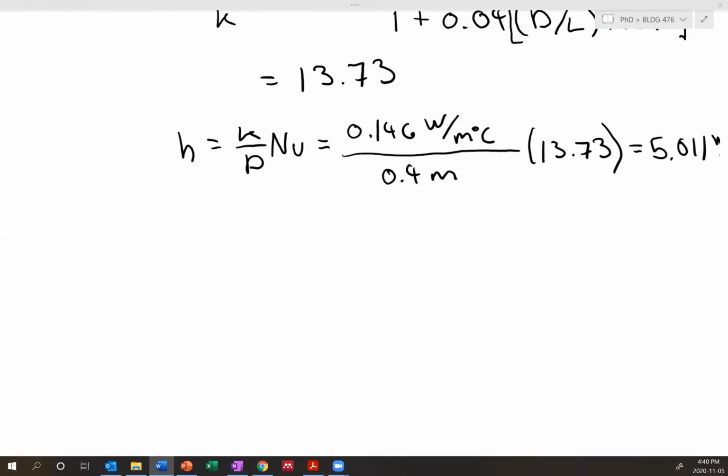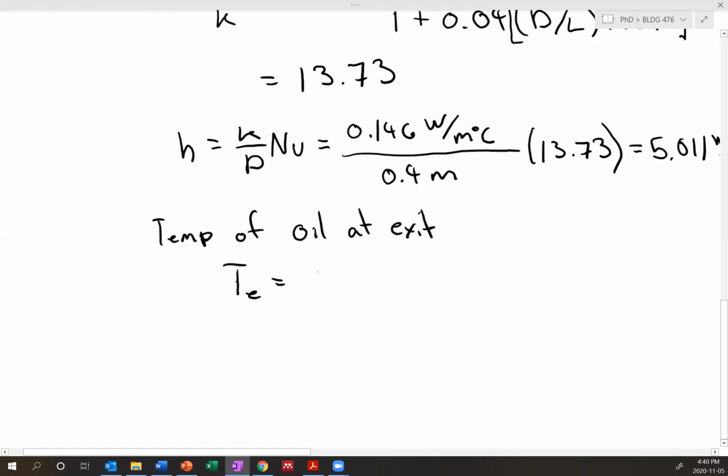So as the oil flows along the pipe, it of course loses temperature. And so we can find that with this equation.